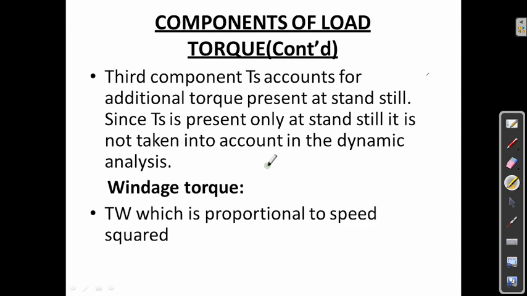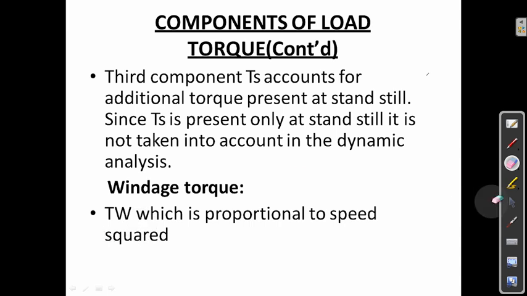Likewise, the speed and torque relationship is very important in these operations.